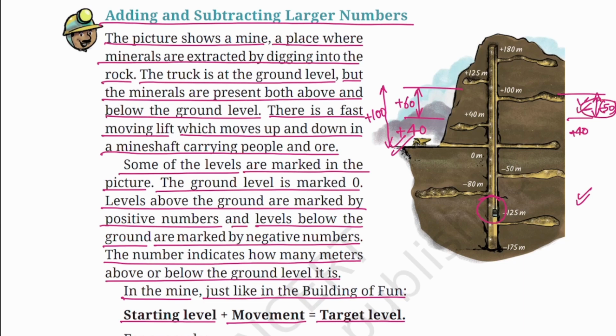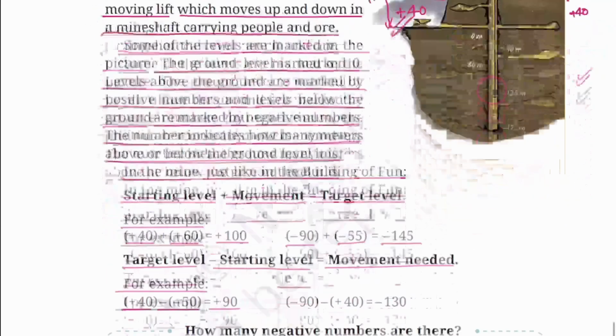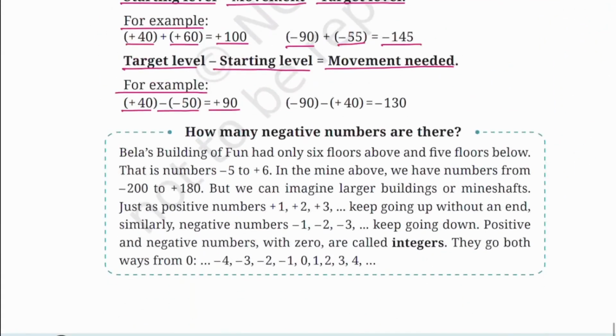Minus 50 means plus 50, which is equal to plus 90. Minus 90 minus plus 40 is equal to minus 130.